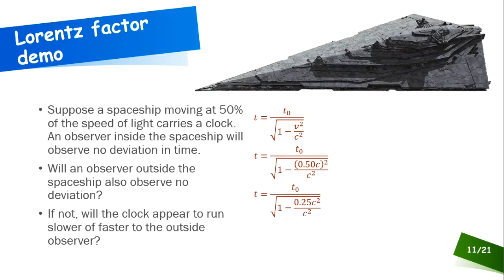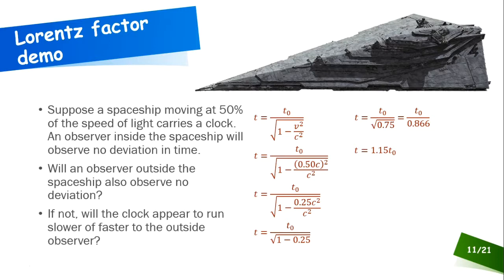And then notice in that fraction there, we've got a c squared on top and a c squared on bottom. So that's going to cancel each other out. And then 1 minus 0.25 gives us 0.75. And then we can take the square root of 0.75 to get 0.866. And then, of course, we flip that around by dividing 0.866 into 1, and we get 1.15.